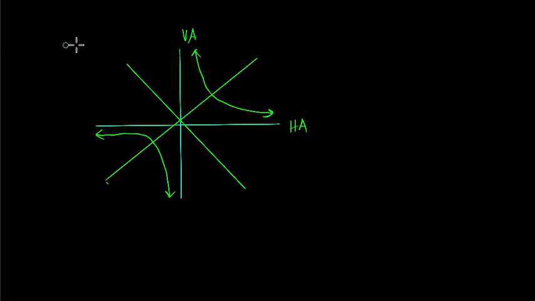In both cases, this has a positive gradient and this has a negative gradient, but the point is the gradient is 1 to 1. If I go one step forward, I go one step up, or for the negative one, I go one step forward, I go one step down. Make sense? So the gradient is 1 to 1.